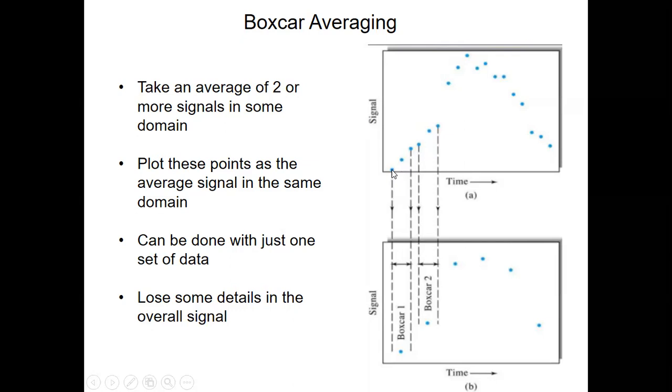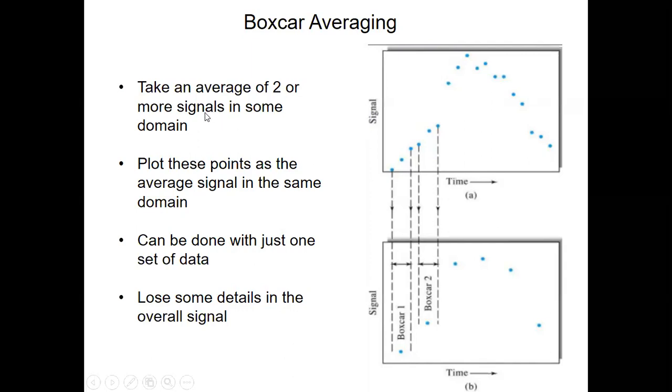We took the first, second, and third data points, and the average of the first 3 data points has been taken, and that average has been plotted here. This is the boxcar 1. Boxcar 1 means the average of the first 3 data set, right?